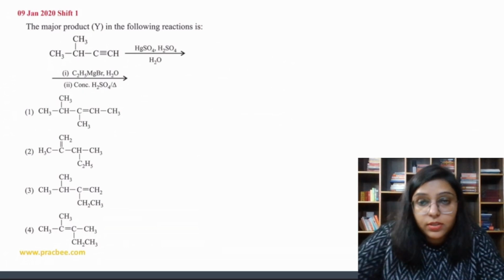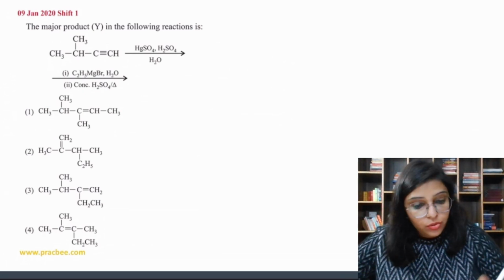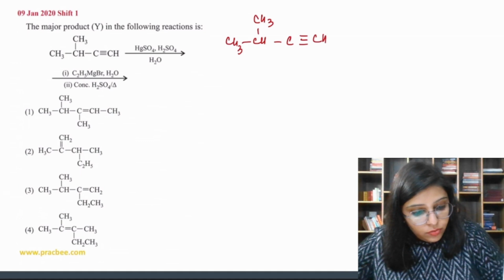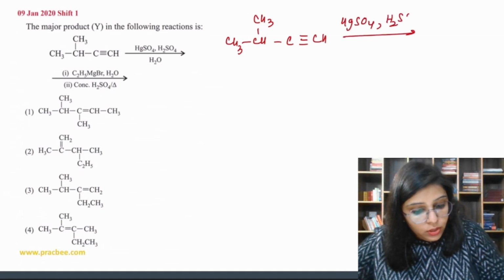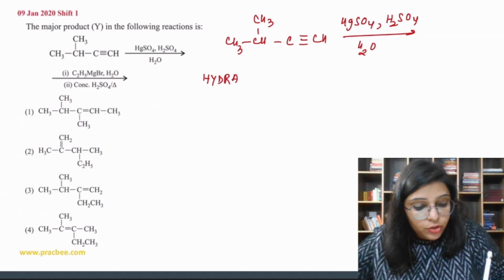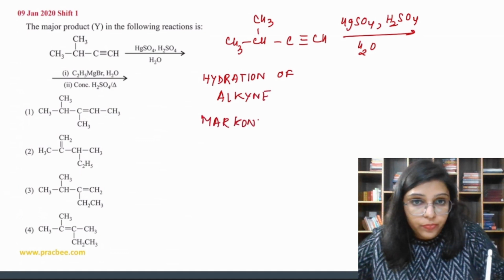So the next question is this. The major product Y in the following reaction is. So we have CH3, CH, CH3, then C triple bond CH. We have the Kucherov reaction, right? HgSO4, H2SO4 and water. So it means we have to do hydration of alkynes. For hydration of alkynes, we have to follow the Markovnikov rule.